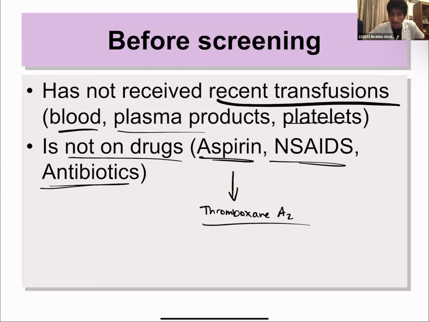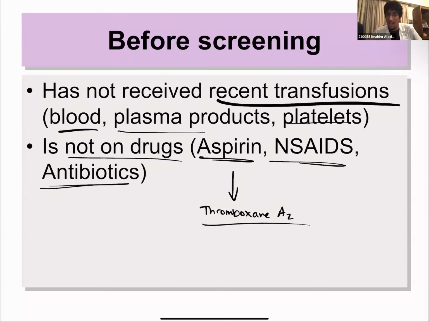Does anyone remember what thromboxane A2 does and where it's released from? Endothelium? No. Released from platelets, attracts platelets. Exactly.